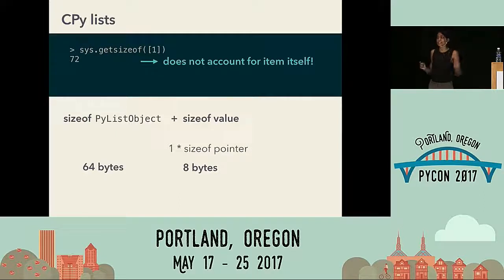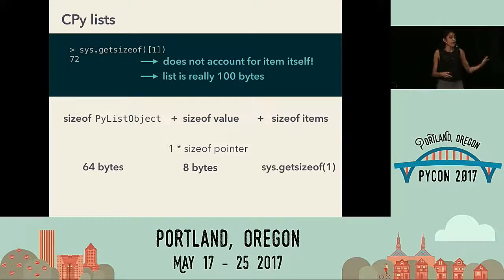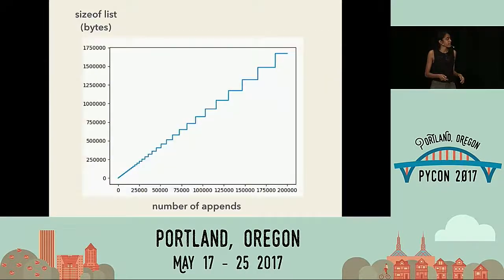But note that using sys in such a way does not account for the size of the items themselves. So if you want to get the real size of the list, you have to compute and add the overhead of the items yourself, or use something like Pympler. So that's cool. We now know how much memory lists take, but it doesn't really explain that step.